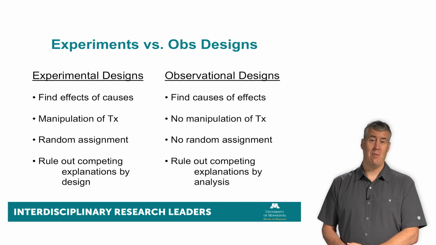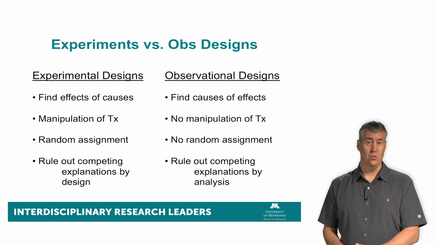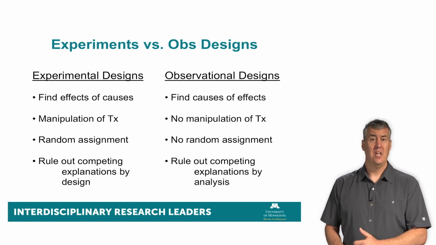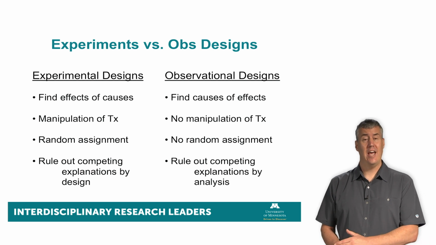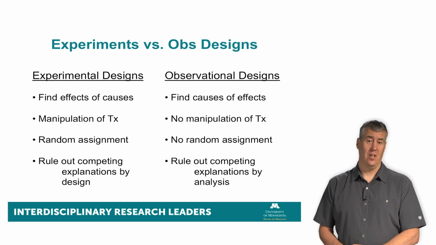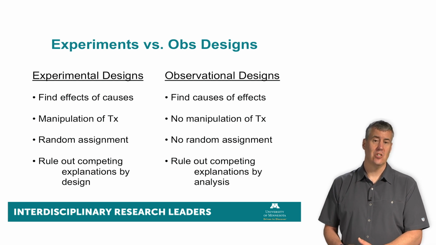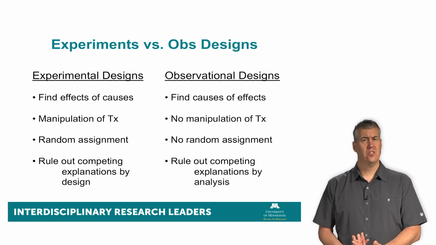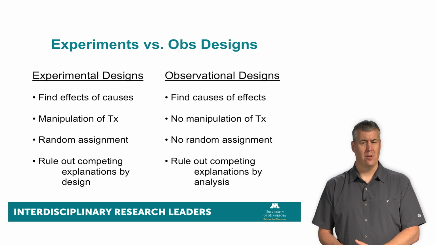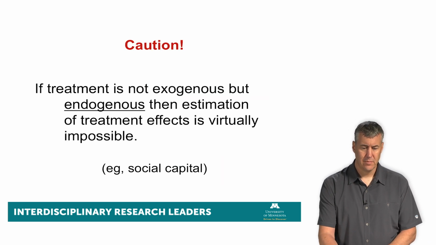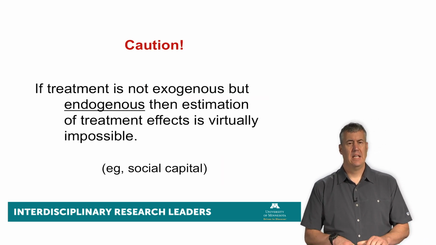There's no random assignment. People are deciding to choose, and I put choose in quotes, to eat more McDonald's, exercise less, all of these things. We have to rule out competing explanations by analysis. Here's when we tend to need sophisticated statistical models.